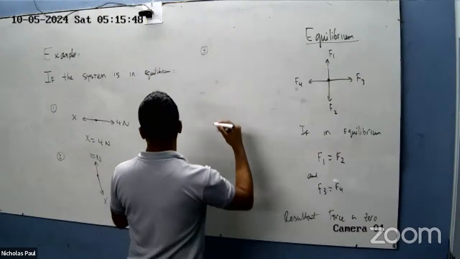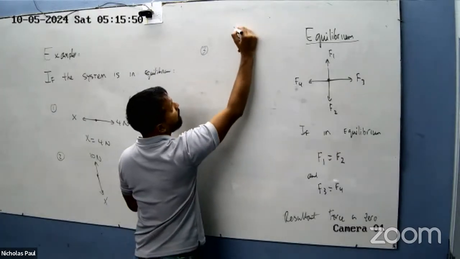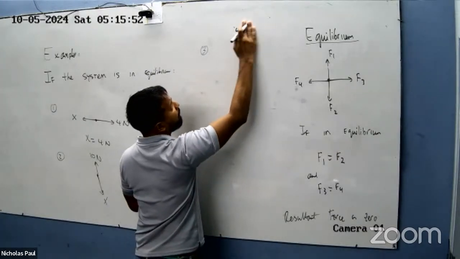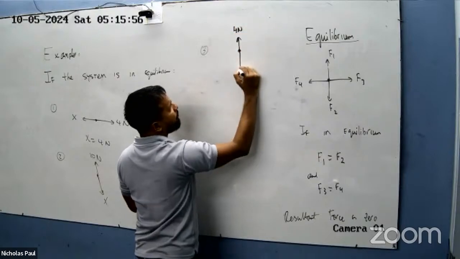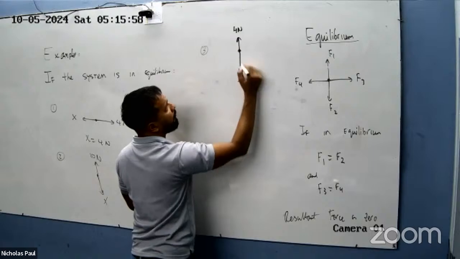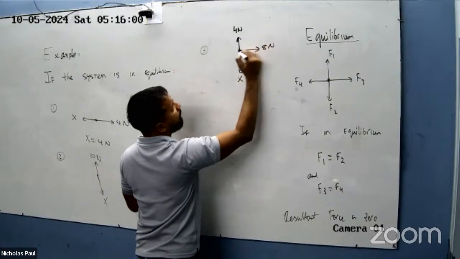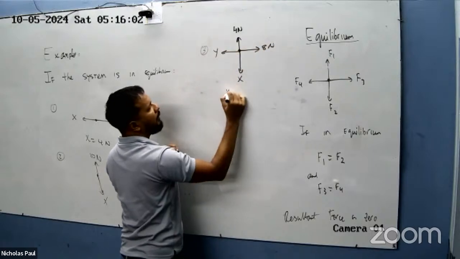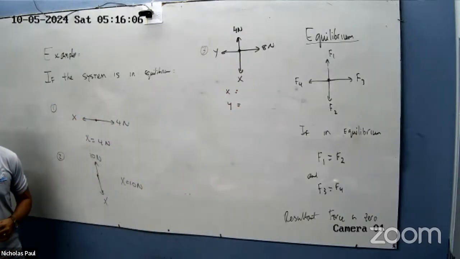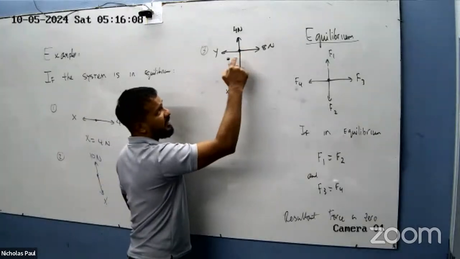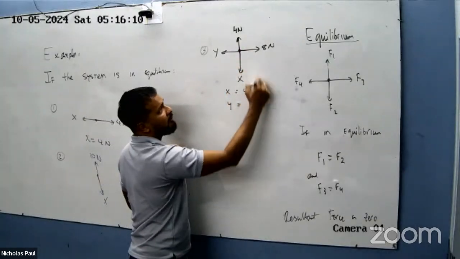What about this here? What's x and y? Because it's in equilibrium, these two here are equal, these two are equal.